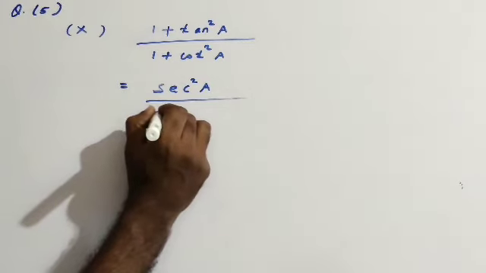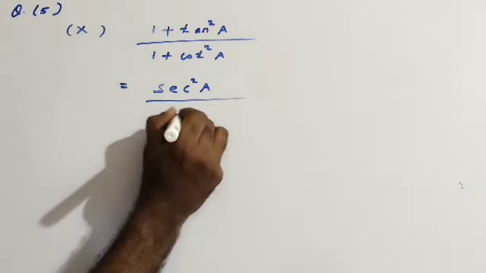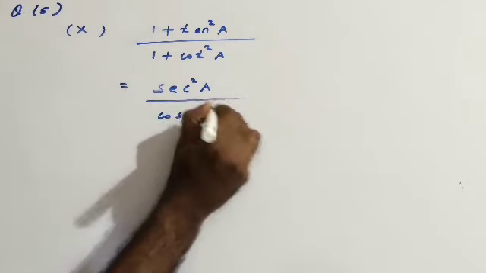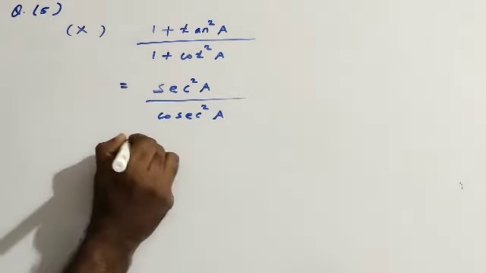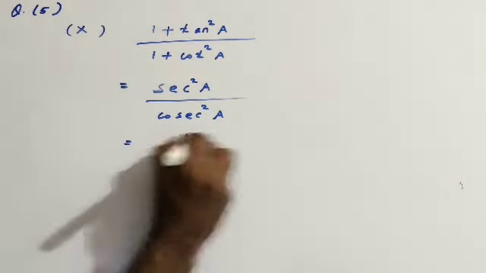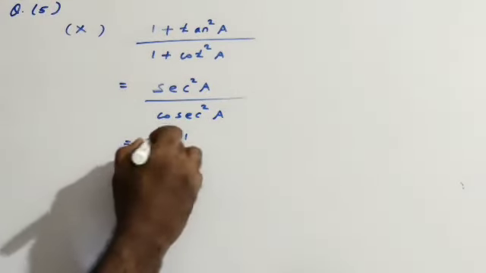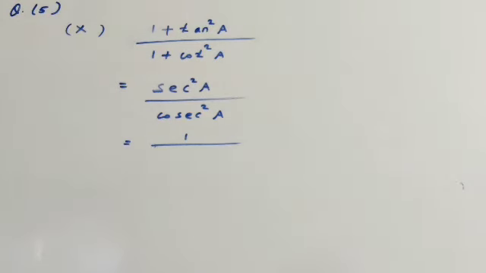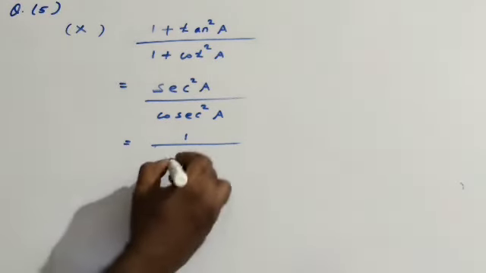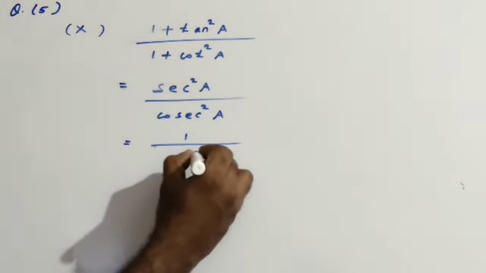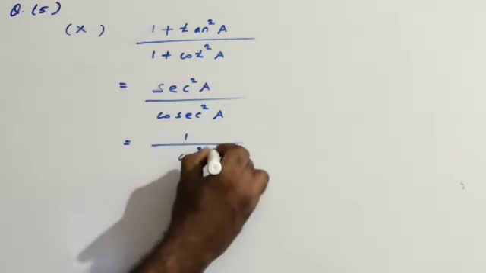Here 1 plus cot square A, that is cosecant square A. Also we know that secant A means 1 by cos A. Secant square A, that is 1 by cos square A.